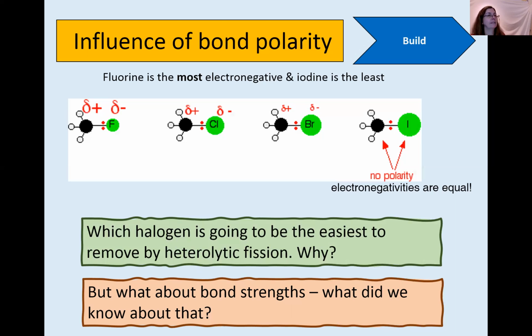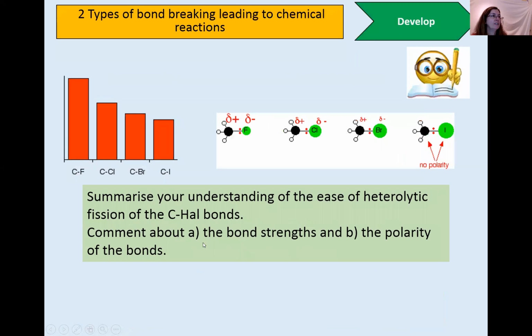So is that what you'd said? Don't tell me you said that the carbon-fluorine bond was going to break because the electrons are towards it. Okay, classic mistake if you did. What I want you to do is to now take some time to summarise your learning of heterolytic fission of the carbon-halogen bonds.